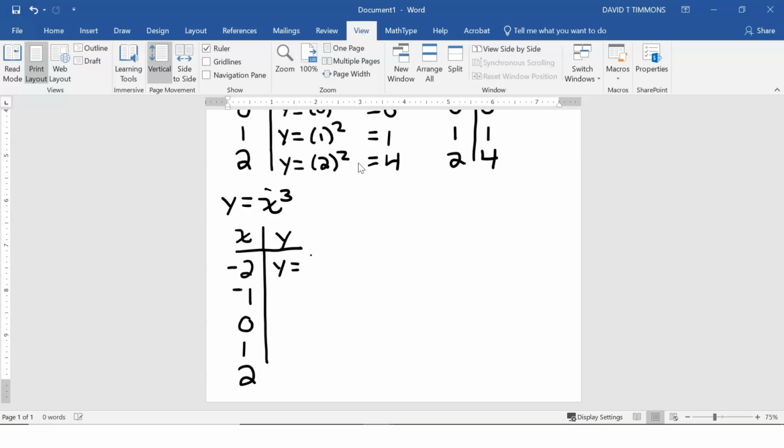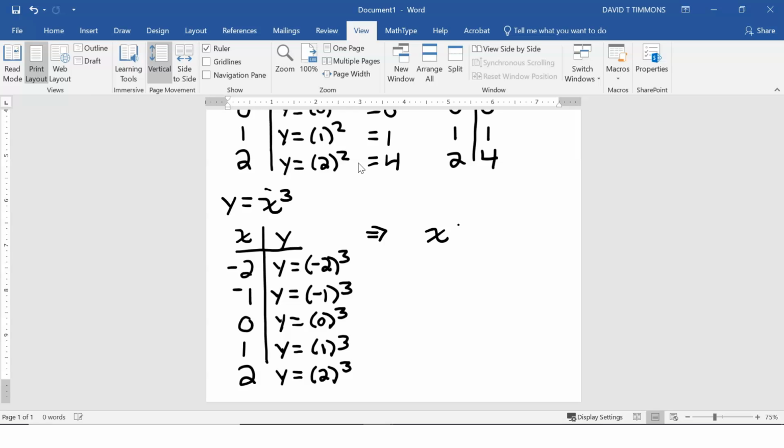And now this will be the cube of these values. And so we create that final table of coordinates, this is what we will get.